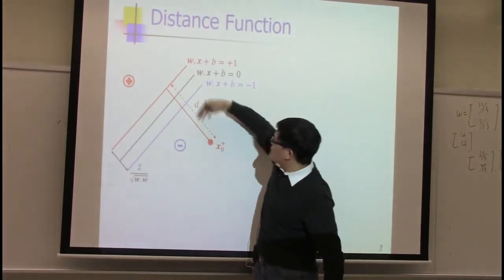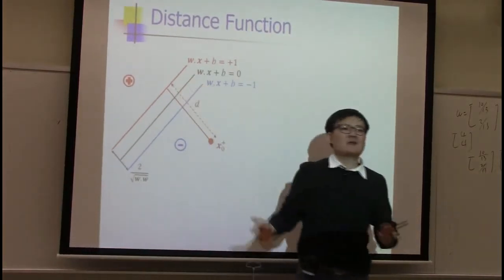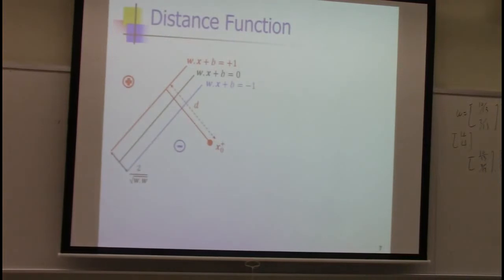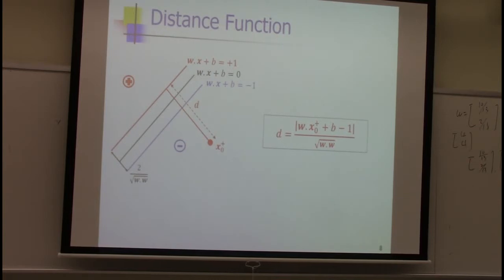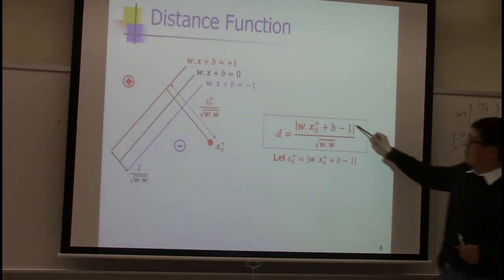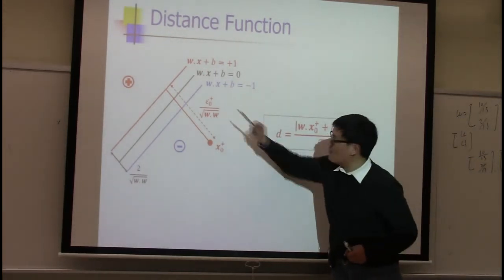And if this point is below the red line, this length tells you how much violation, how much error the current classifier makes. And the distance, if you remember, can be calculated this way. And we consider this numerator as epsilon 0 plus, and keep the denominator in this form.